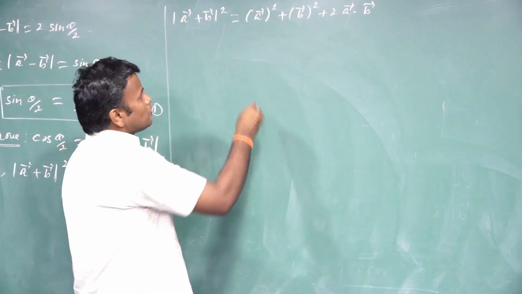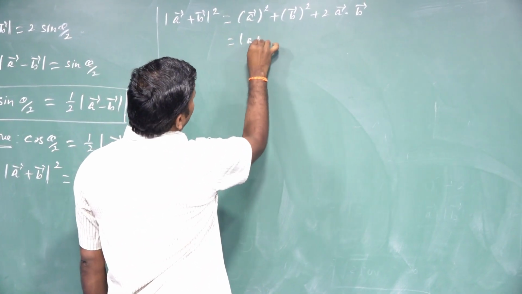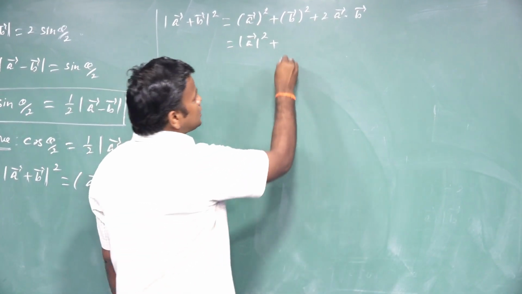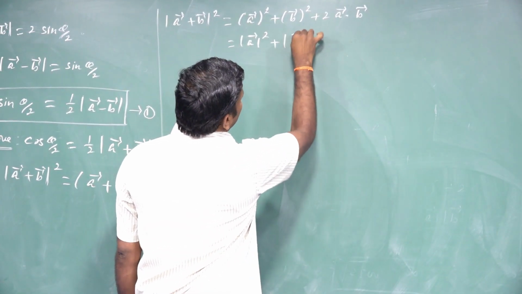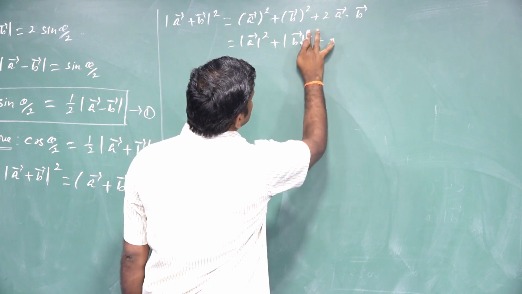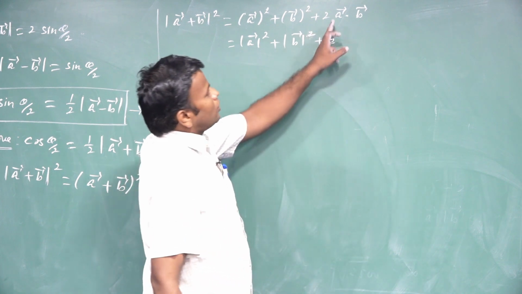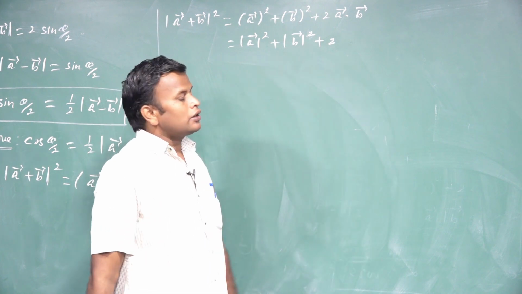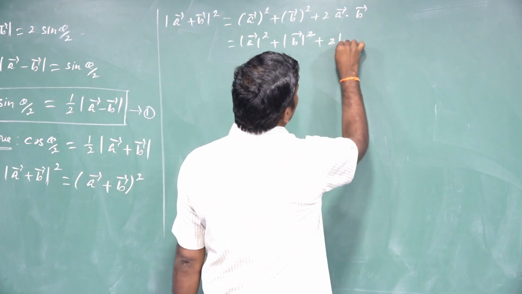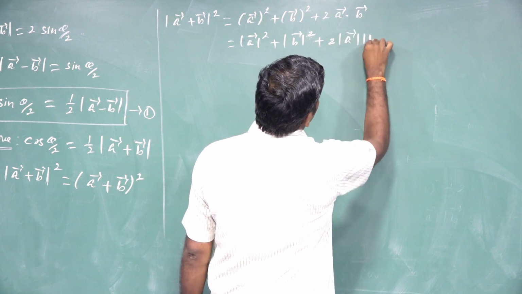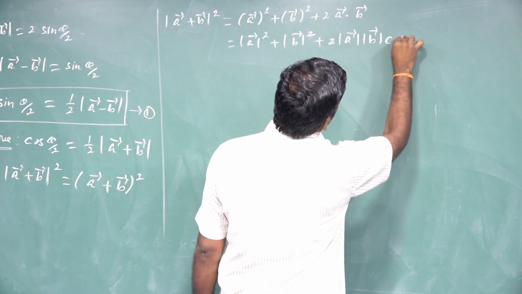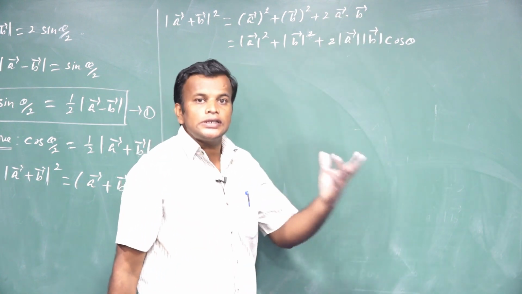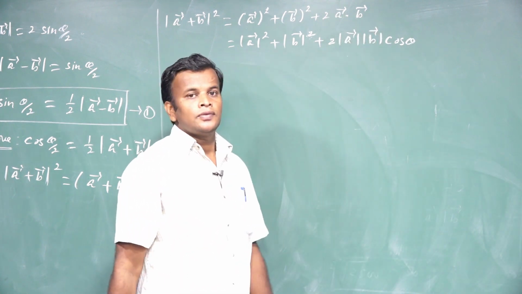We write A vector square as modulus A vector square, B vector square as modulus B vector square plus 2. The formula of A vector dot B vector is modulus A vector modulus B vector cos theta. Given angle between A vector and B vector is theta, so we use theta.